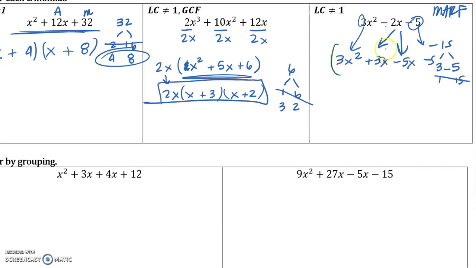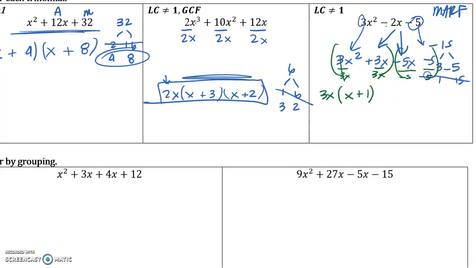Now I group. I group these two together and I group these two together. And I take out a GCF. The GCF here is a 3x. So I have x left here because the 3's cancel. And then everything kind of cancels here, so I say I have a plus 1. Here, I want to factor out a negative 5 because I don't like it when my first number is negative.